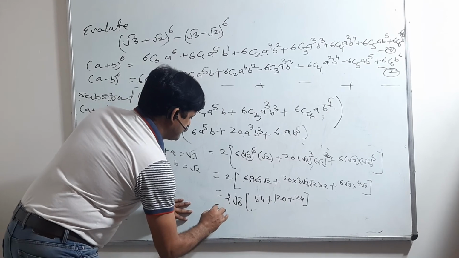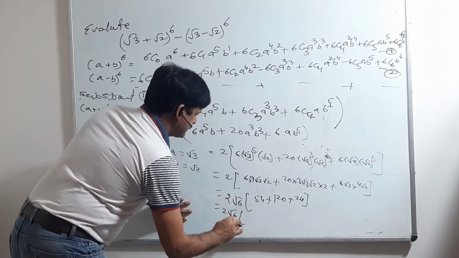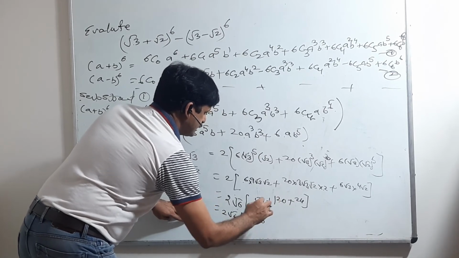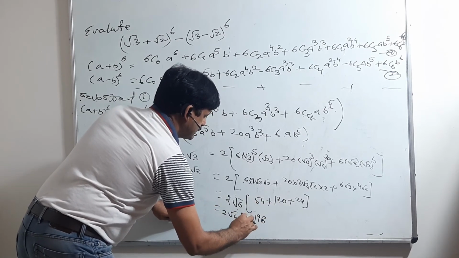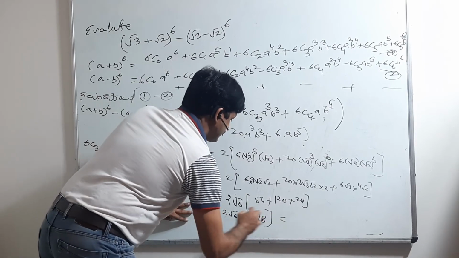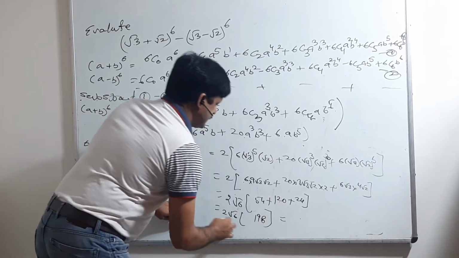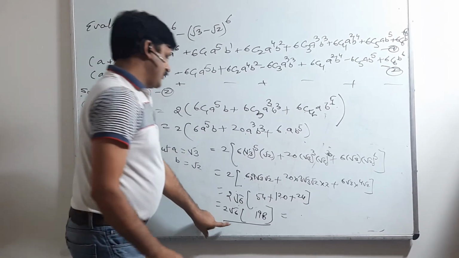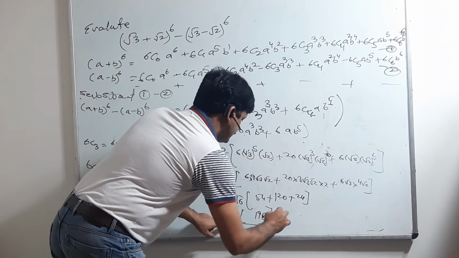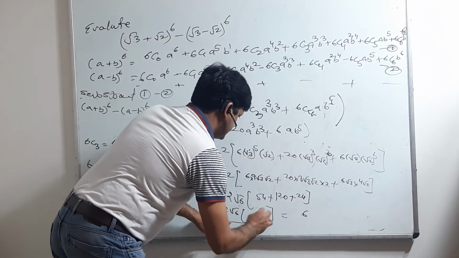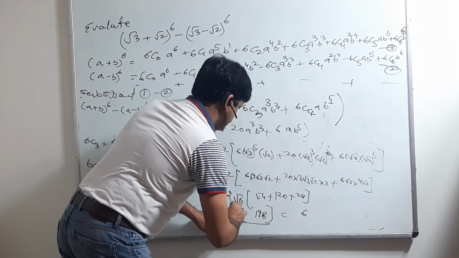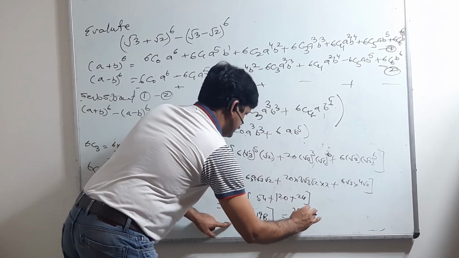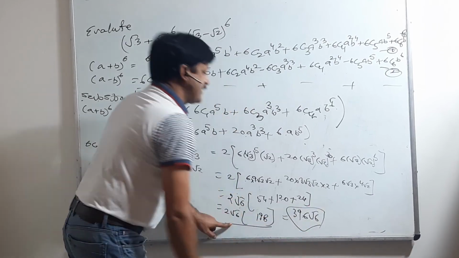This is 2 root 6 into 198, or we say that 396 root 6, that is the final answer.